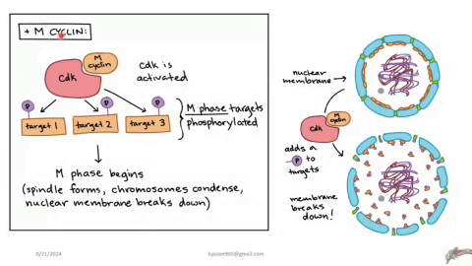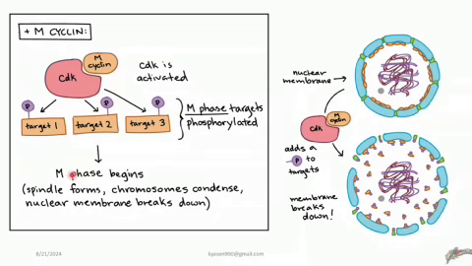Then there's the M cyclin. The M cyclin allows your cell to smoothly go through the M phase. Its presence together with the associated enzyme results in phosphorylation of special target proteins that allow your cell to form the spindle fibers, and allow your chromosomes to condense, then the nuclear membrane to break down.